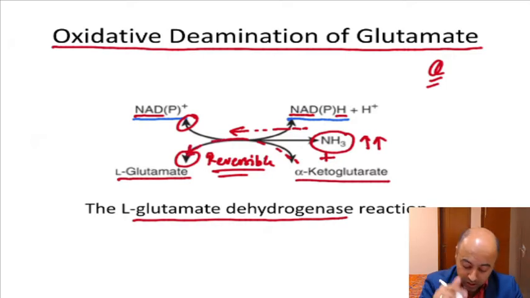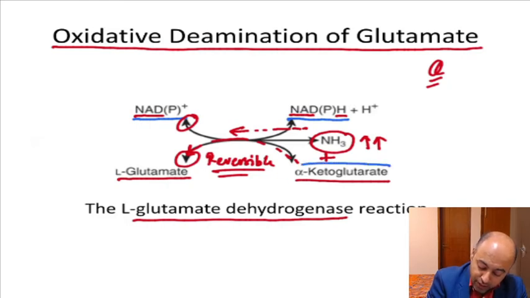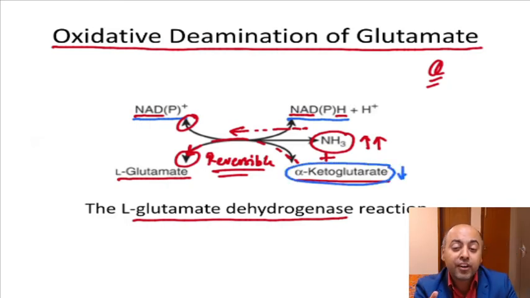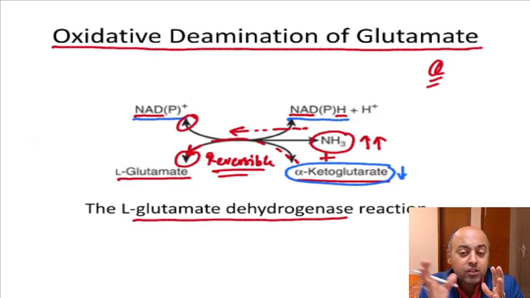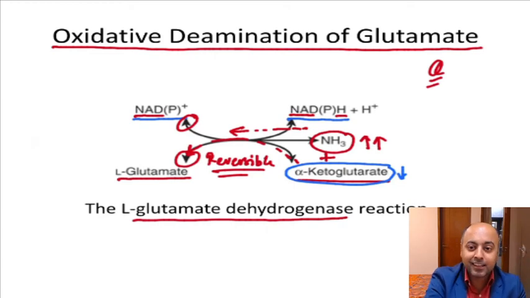But what happens in this process? The alpha ketoglutarate will get depleted. We don't have lots of alpha ketoglutarate, we only have lots of ammonia, right? So ammonia will start moving backwards, and alpha ketoglutarate will start getting depleted.